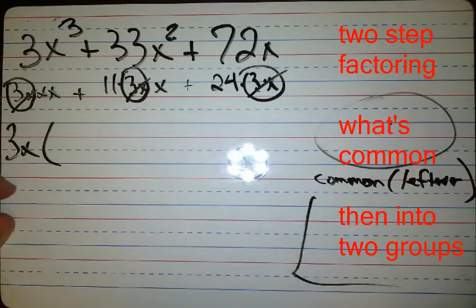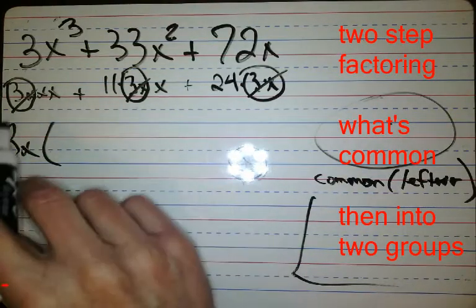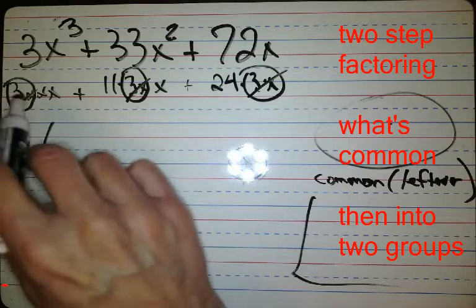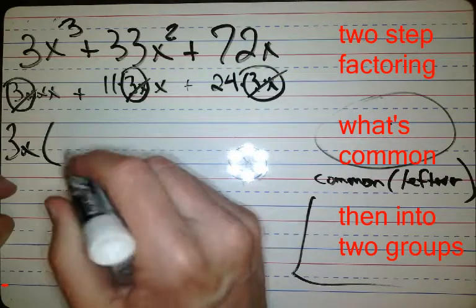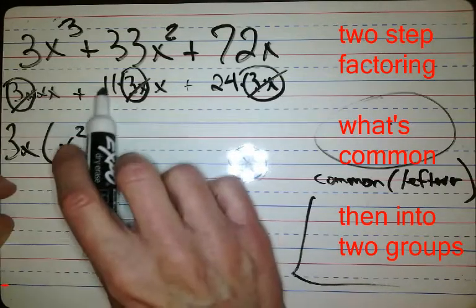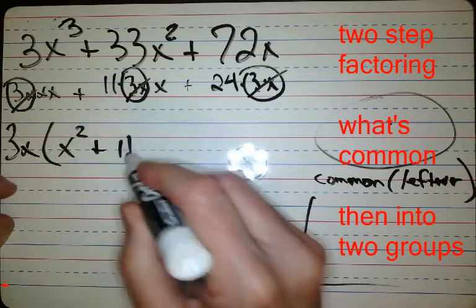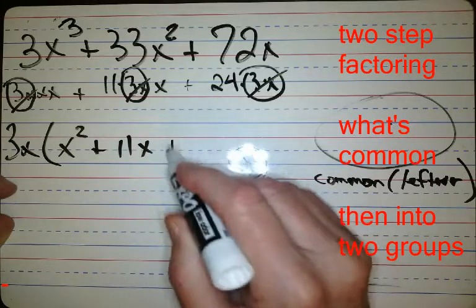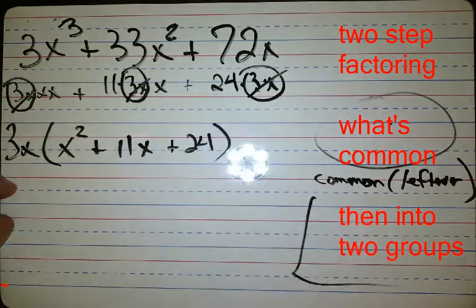So that's what we're trying to do, right? So if I take the 3 and the x out, there's just x squared there, because that's x times x, that's x squared. And then there's an 11x there, and then there's a 24 there.